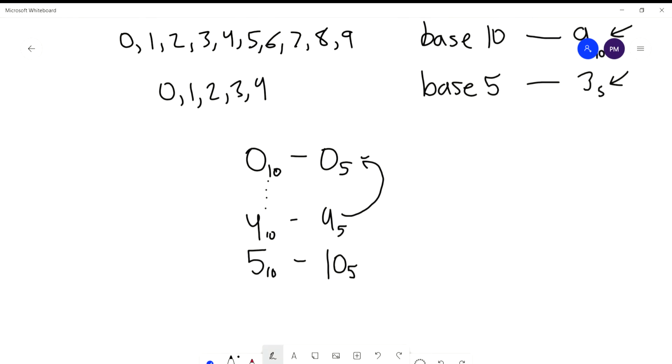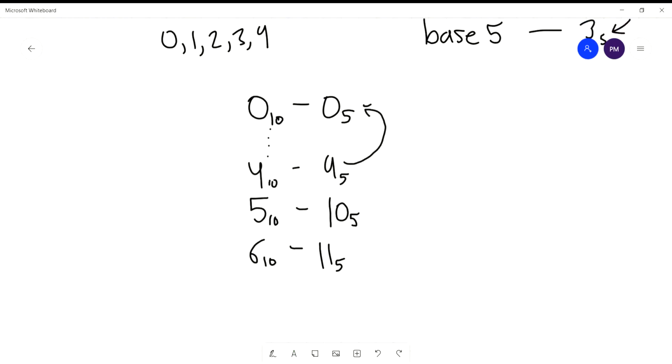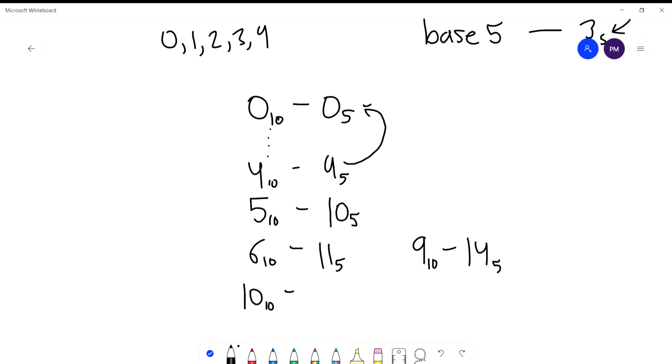Okay, so similarly, 6 base 10, you're just adding 1 to 5, so it's 11. And then the same thing for 7, 8, and 9. So 9 base 10 is 14 base 5. Now when we get to 10 base 10, we're at another problem because you can't go to 5.